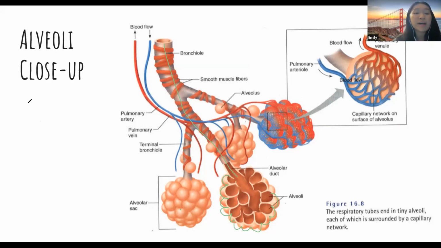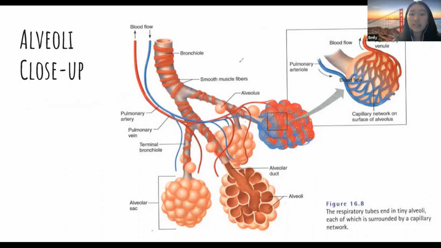If you remember from last week about the microcirculation, we have these larger arteries that branch into much thinner arterioles that branch into much thinner capillaries, which is where the gas exchange occurs. And those go back to venules, and those go back to veins.